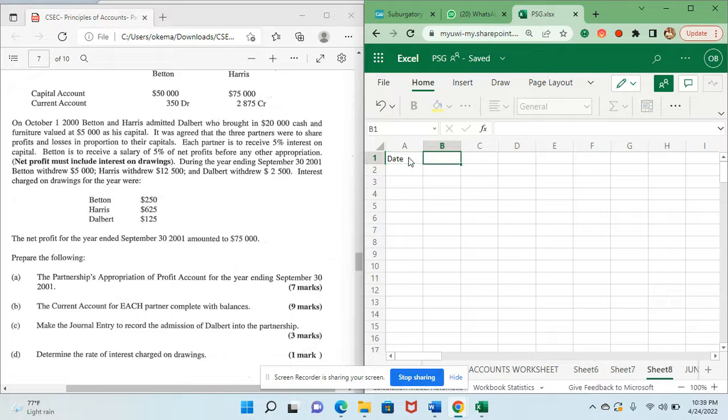So simple date, details, debit, credit. Our date was October 1st because that's when he came into the business. All right, so let's give this some space.